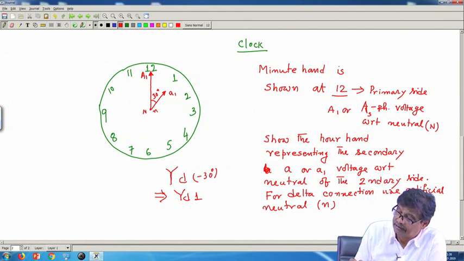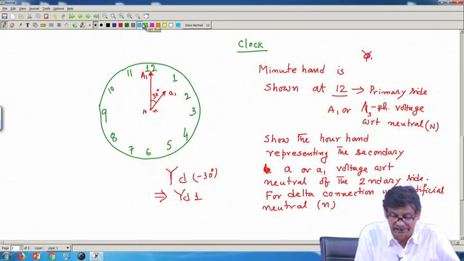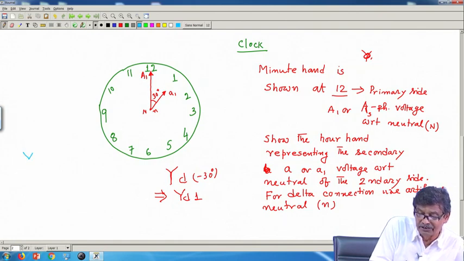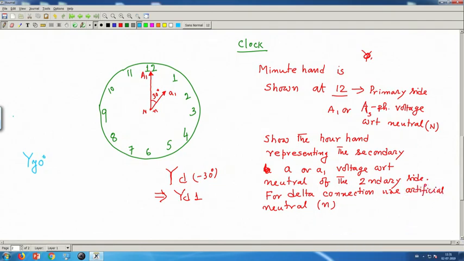For example, I will just write, with a different color, because so much space is there. For example, this connection I will not redraw, Y y 0 degree we have seen. What does this mean? These are the primaries, you short this, these are the secondaries, this is A1, A2, B1, B2, C1, C2, and small a1, a2, b1, b2, c1, c2.